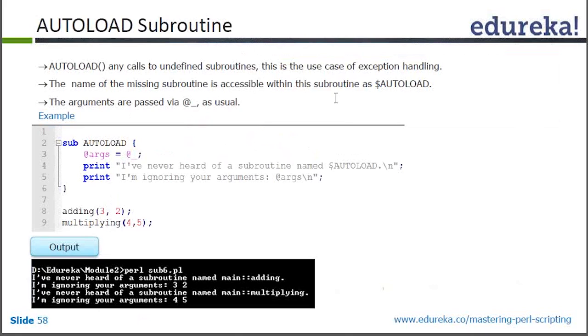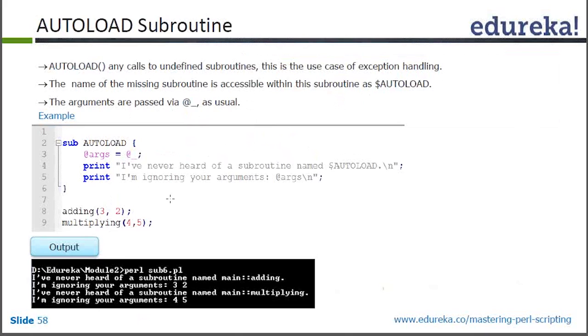The name of the missing subroutine is accessible within the subroutine as $AUTOLOAD. So if there is some exception happening, then that will be automatically passed to $AUTOLOAD, and the arguments are passed to @_, the same as in a normal function. So any calls to undefined subroutines will be passed on to the AUTOLOAD function, and the parameters will be populated to @_.